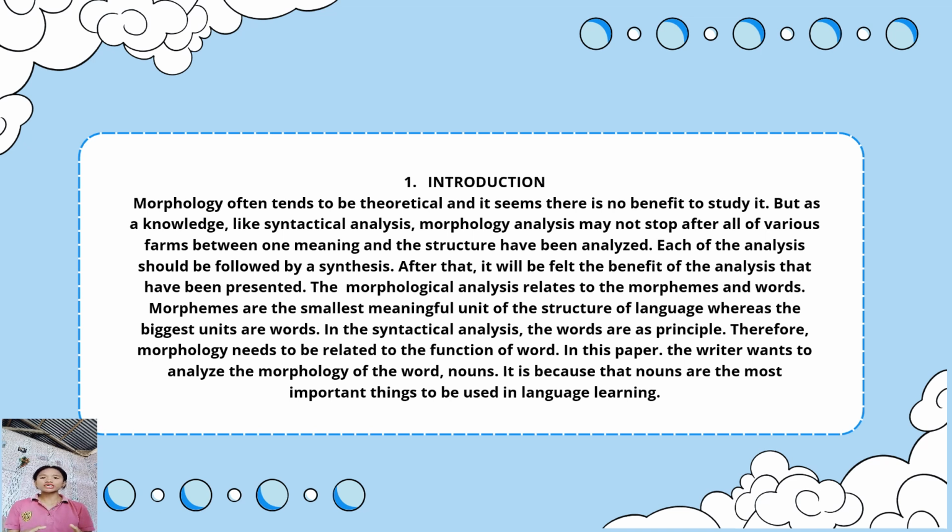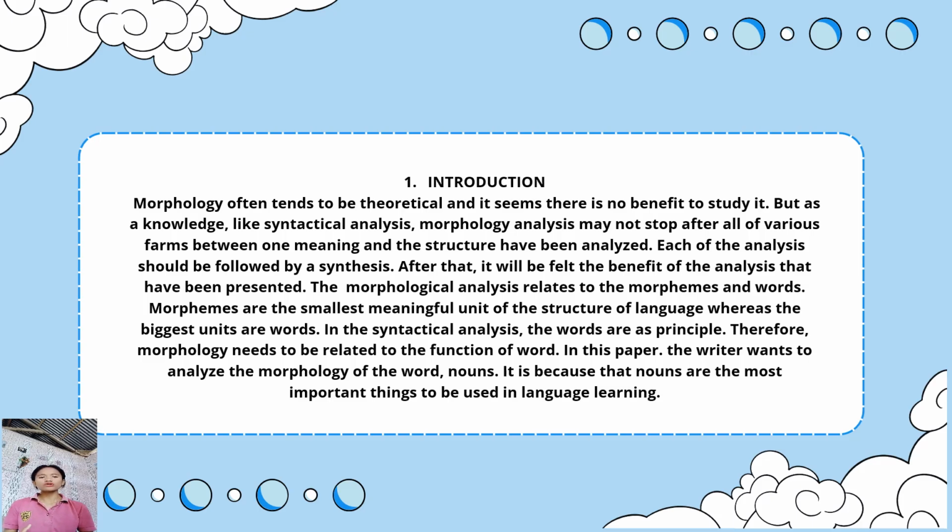The morphological analysis relates to morphemes and words. Morphemes are the small, meaningful units of the structure of language, where the biggest units are words. In scientific analysis, the word is a principle.